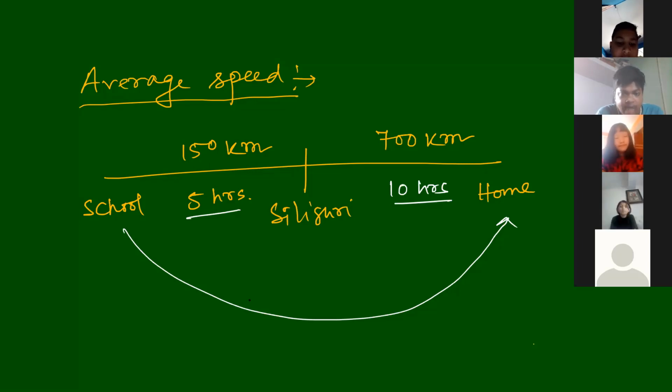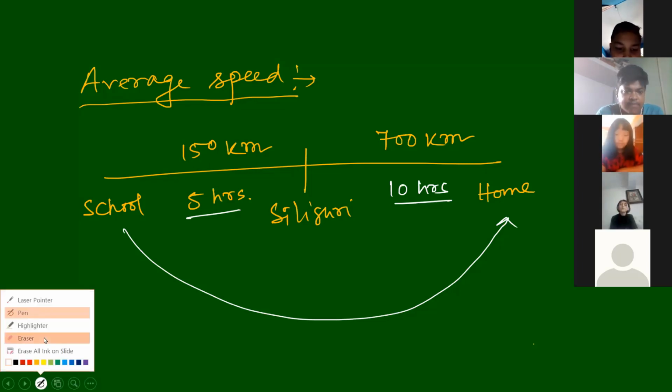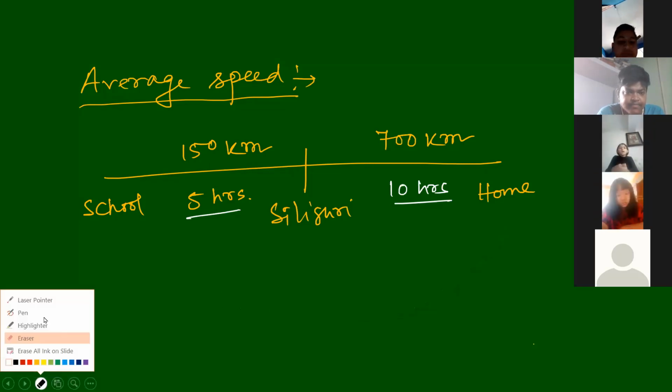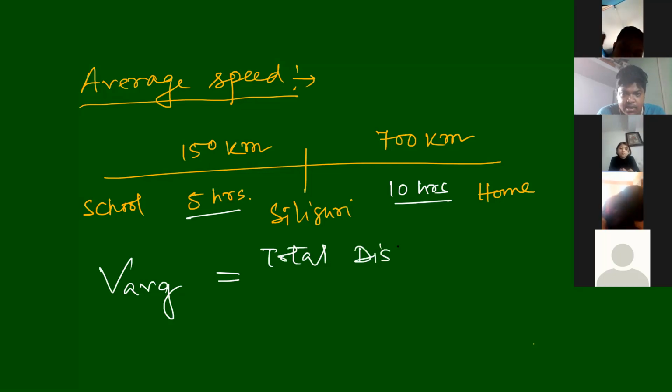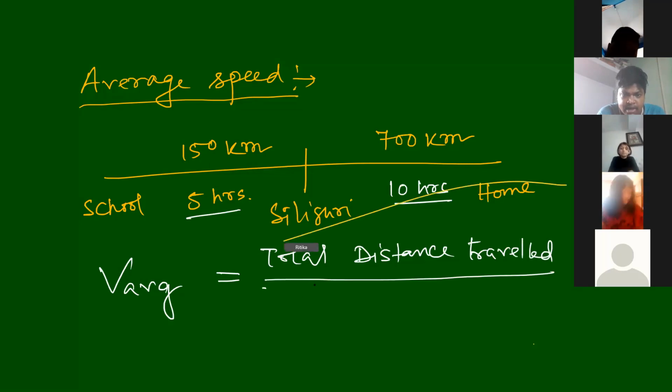What is the formula to calculate the average speed? Average speed is represented as V average, AVG. That means average, which should be written in suffix. V average equals total distance traveled divided by total time taken.